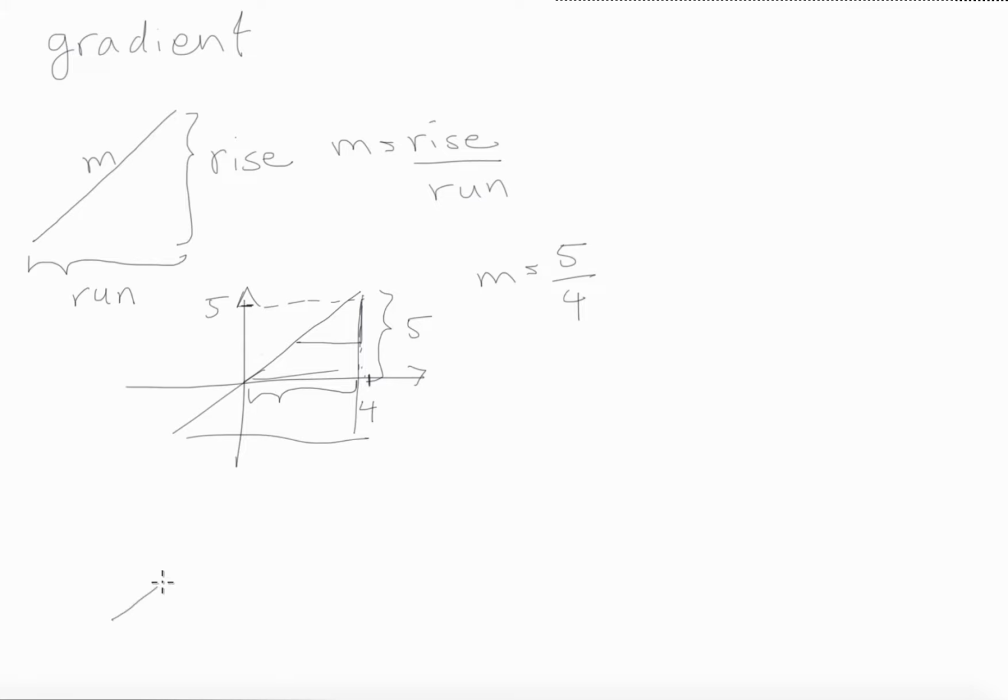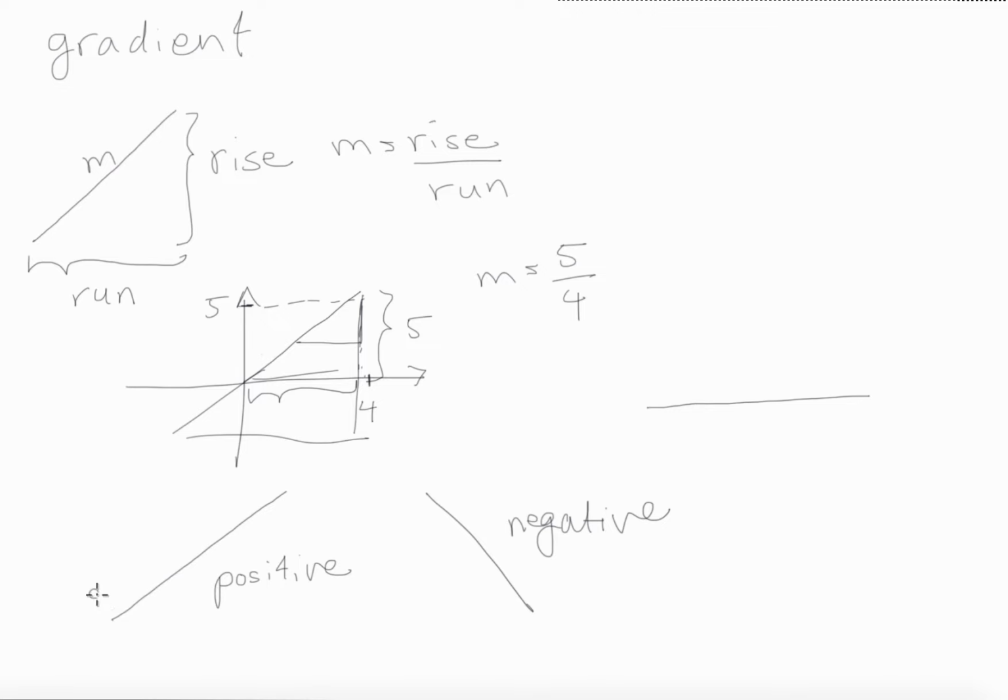Now we know that any line that's got that shape has a positive gradient. If it's on the other way, it's got a negative gradient. We can also have something like this. What is the slope of this line? Think about going up a ramp.